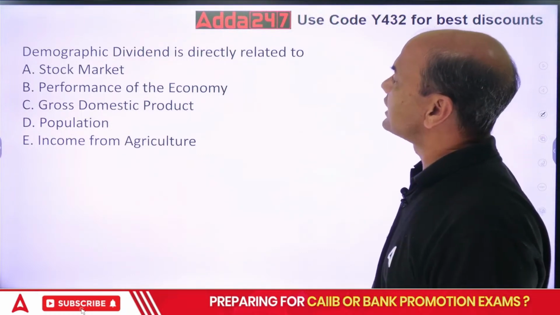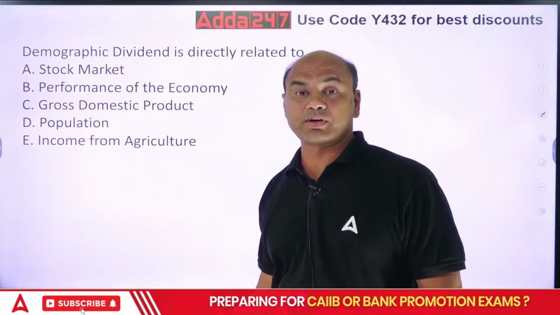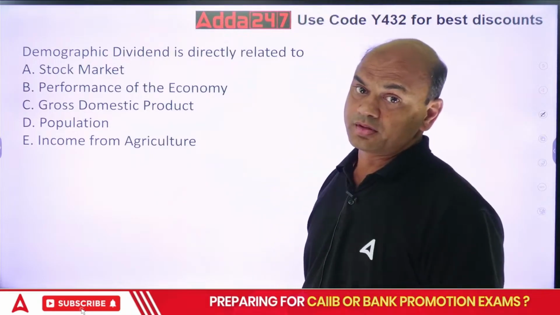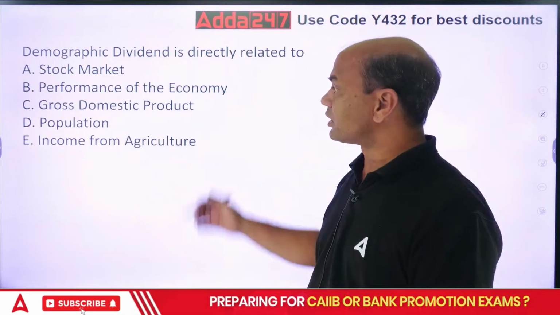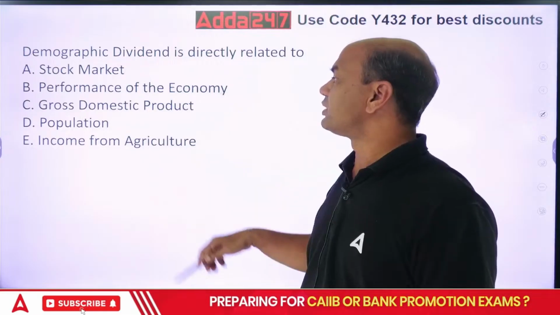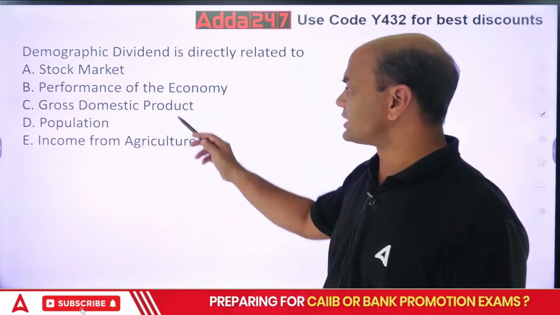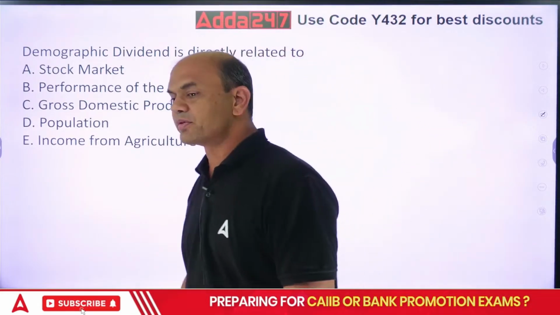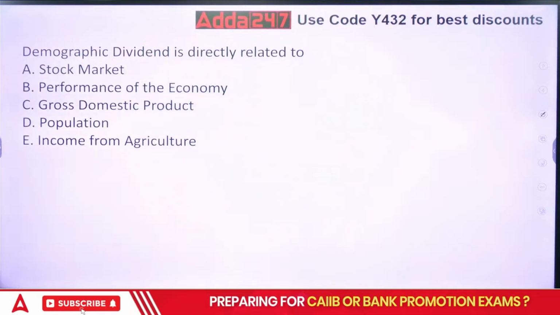Demographic dividend is directly related to: youth, stock market, performance of the economy, gross domestic product, population, and economic income from agriculture. So it is directly related to what? Demographic dividend means what? What do you mean by this word?